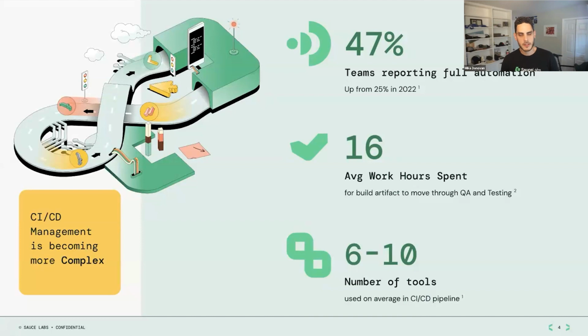But we also see that there's a lot of time spent performing this quality step, or this testing step, within the CI process. While it's much better than the world of all manual testing in terms of velocity, we're seeing a lot of that complexity get centralized into the CI process now. And then there's a plethora of tools that people use and integrate into their CI environment, between 6 and 10 tools on average.